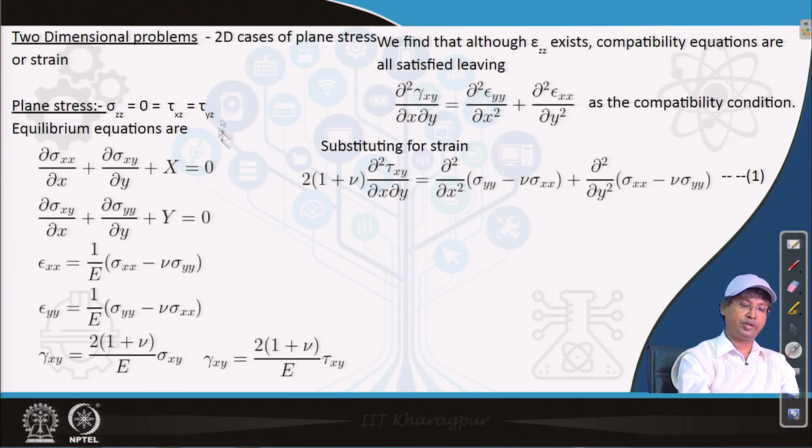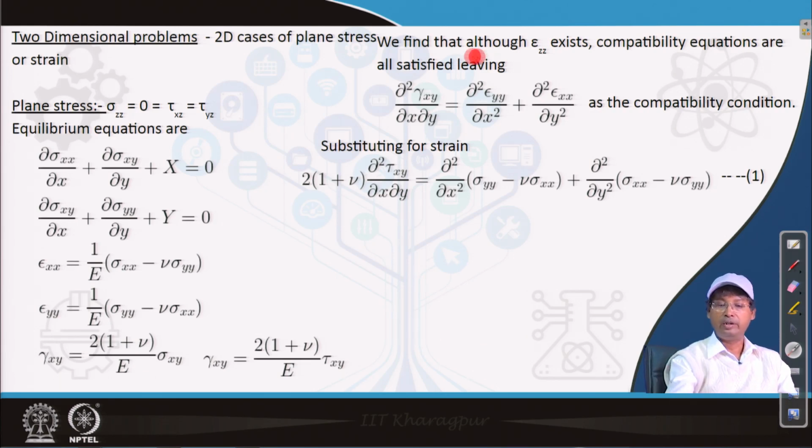If we put this condition into the equilibrium equation, it reduces to this, where X and Y are the body forces. The stress-strain relation also reduces to this, and compatibility as well. With substitution of the other relations we can have the strain directly in terms of the stresses, something like this.